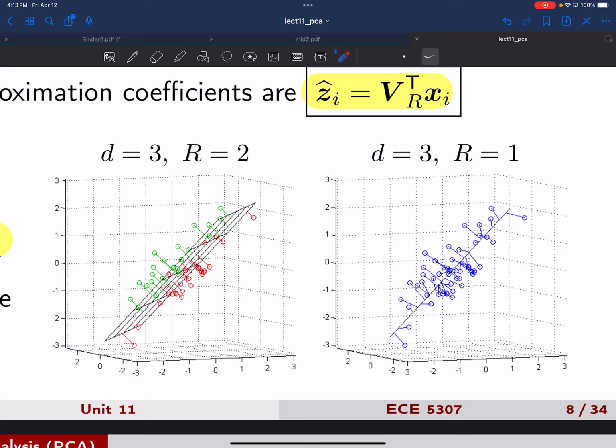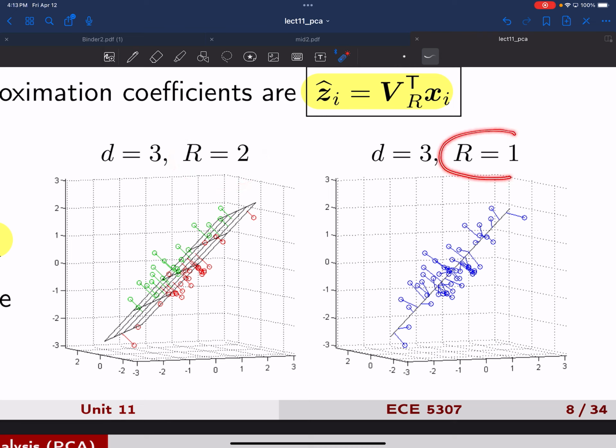And in particular, for each of the original feature vectors, the approximation is the closest point in the plane. And the plane was selected so that the approximation errors, which are those lines, are smallest in RSS. So that's if you want to reduce the three-dimensional features to 2 dimensions.